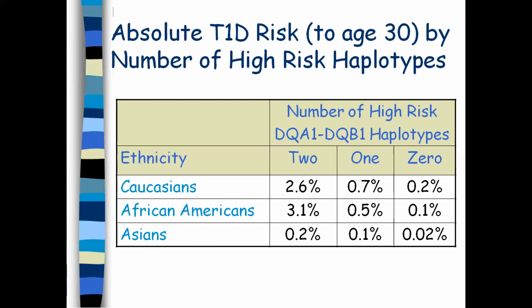And when we are talking about the prevalence of alteration in the gene in Caucasian, African American and Asian, it is again more in African American as compared to the others. So amongst all these groups, Asians have less prevalence of type 1 diabetes associated with high risk haplotypes of DQA1 and DQB1.